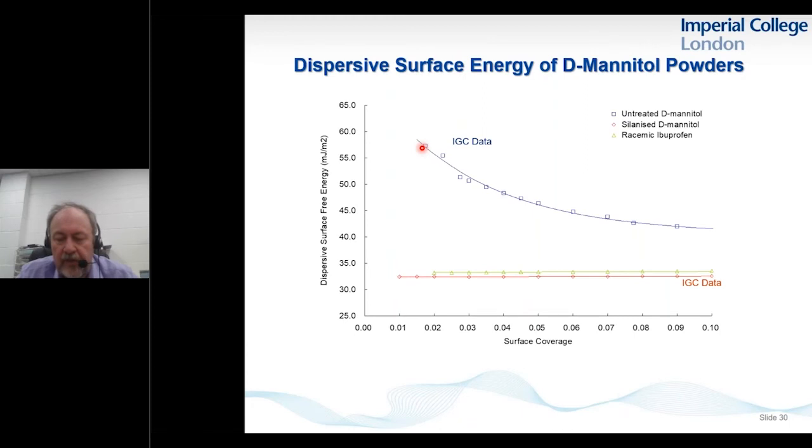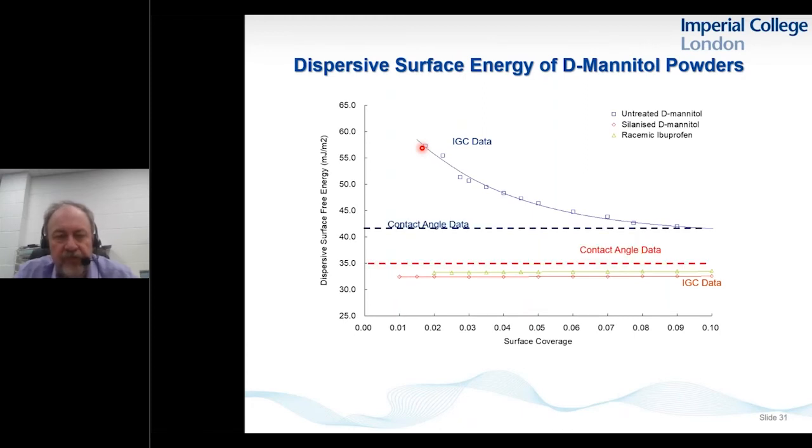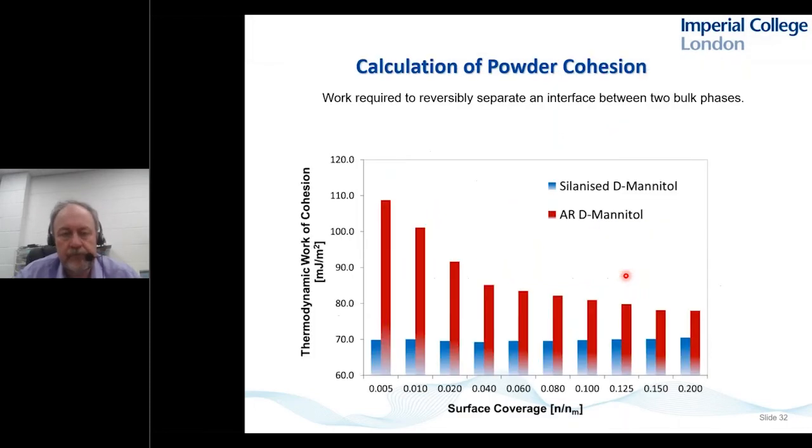If we plot the energy from contact angles against IGC, you can see within a couple of millijoules per meter squared we have very good correlation between the contact angle data and the IGC data. So we're pretty confident that the IGC data reflects the data we see on single crystals. Now that we've got the data for silanized and as-received D-mannitol, we can calculate the works of cohesion.